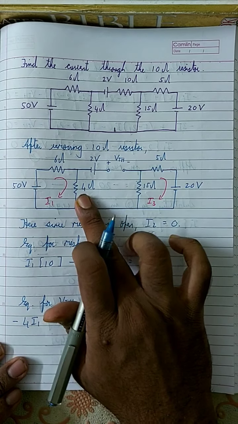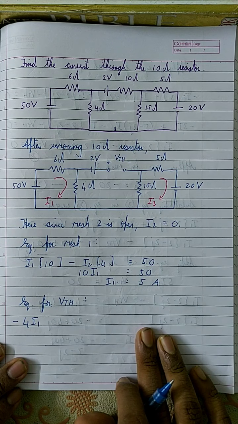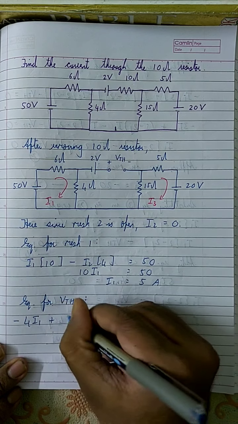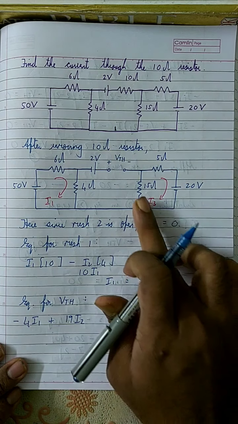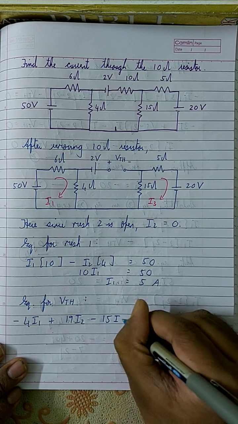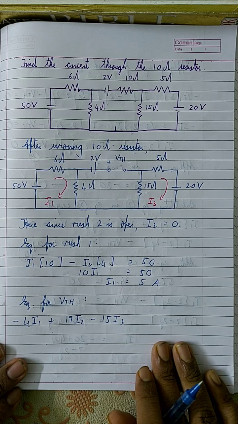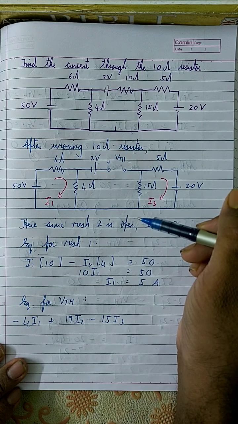and here you have 4 plus 15, 19, right? So you have plus 19 I2, and then you have minus 15 I3, and then what about the VTH? If this is I2, I2 is also flowing in the clockwise direction, right?